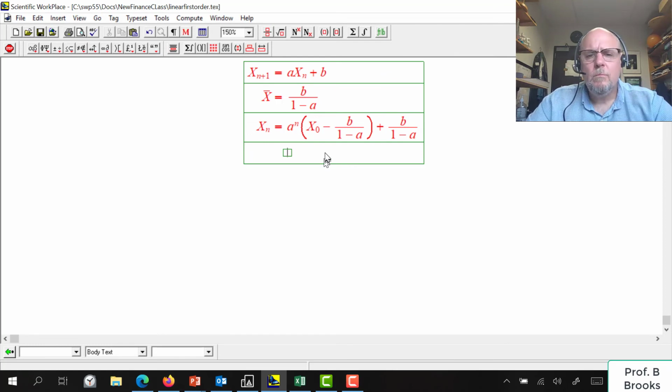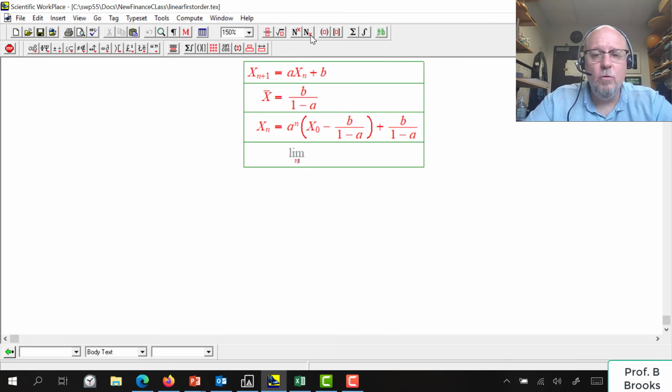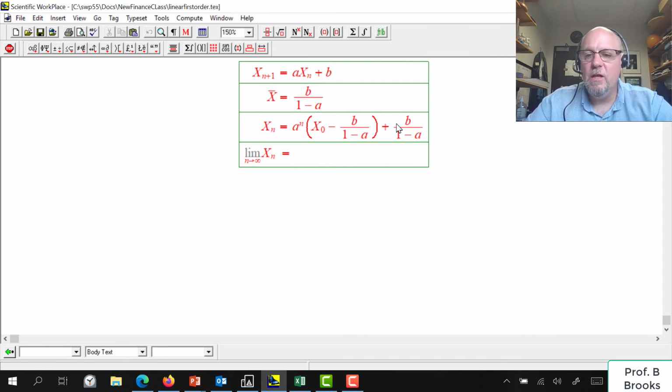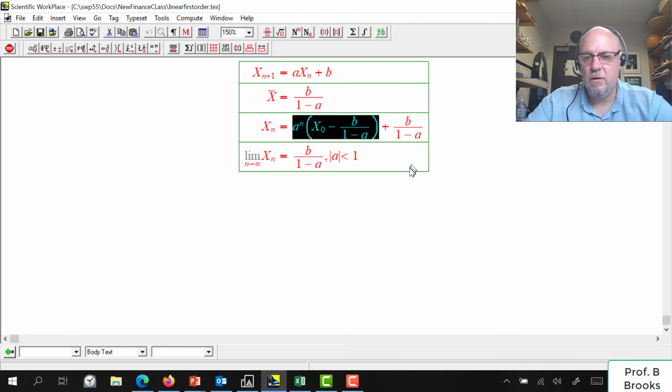So what am I saying with the limit? If I take the limit as n goes to infinity of x sub n, it equals the equilibrium if a is a fraction, because a fraction raised to infinity would be 0 and this would disappear.